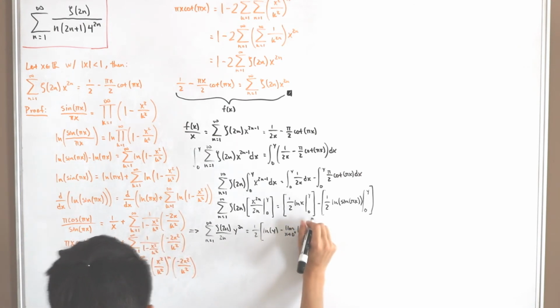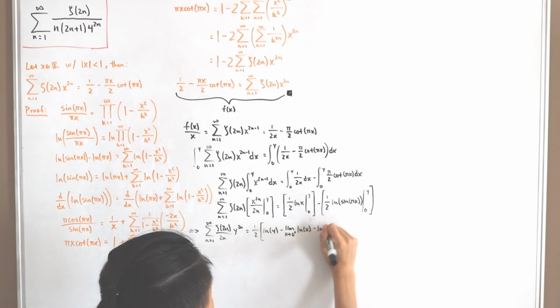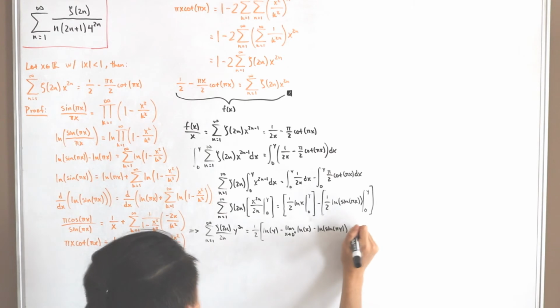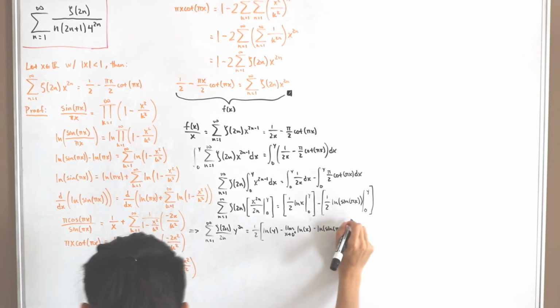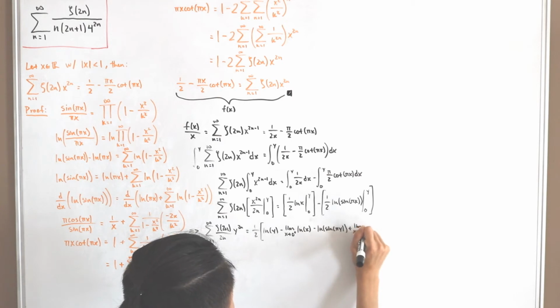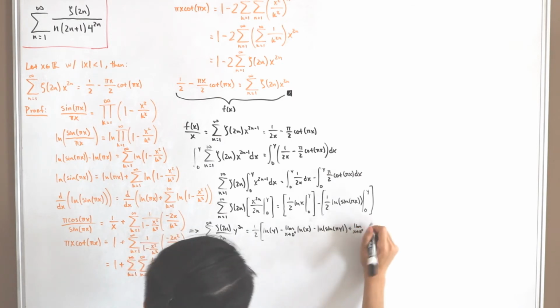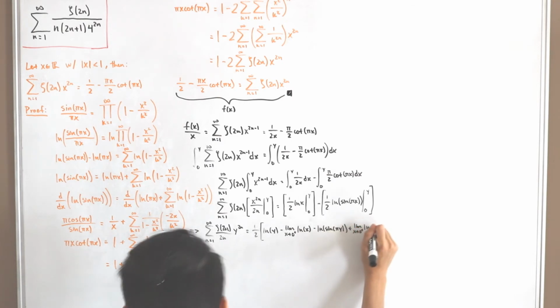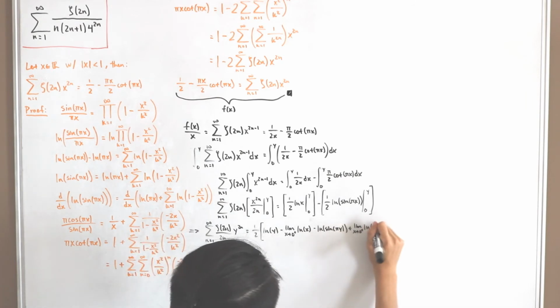Subtract that with the natural log of sine of pi y. And then add the limit as x approaches 0 from the right of the natural log of sine of pi x.